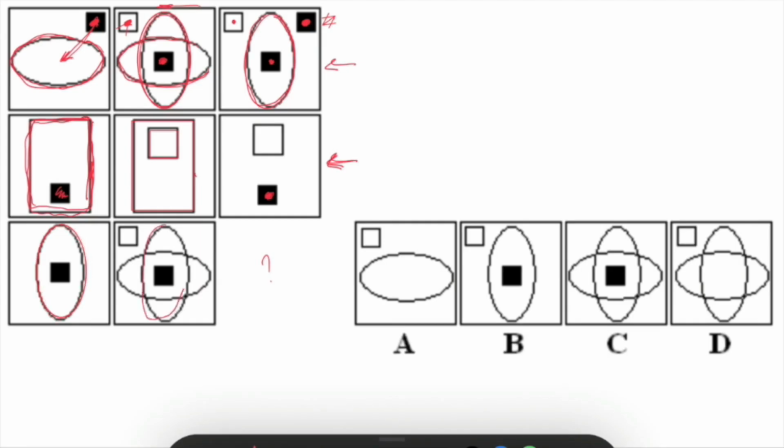We keep it, then we eliminate it here. So my prediction for the eighth pattern is that it does not have a vertical oval structure. That doesn't happen in B, nor C, nor D. All of them have a vertical oval structure, so A is the right answer.